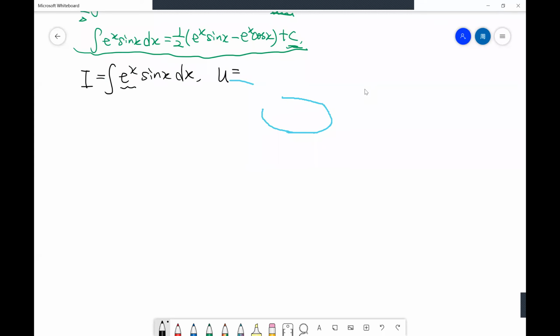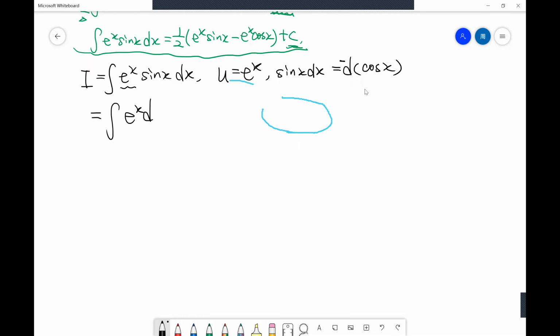So e^x is u. Then sin x dx, we should write as d cos x. d cos x means minus sin x dx. So here, don't forget the minus sign here.